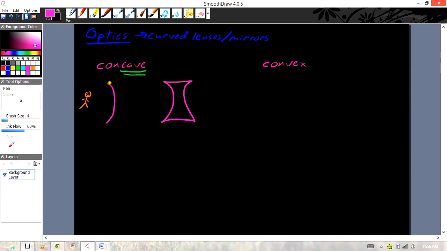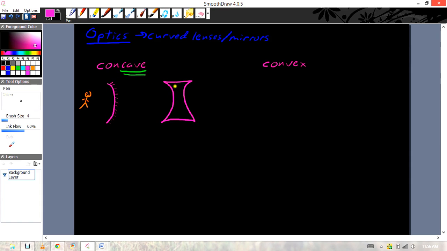So what I like to do is draw little hashes to mean that this is the not shiny side. So this is the shiny side, this is the not shiny side. So this is a mirror, this is a lens.